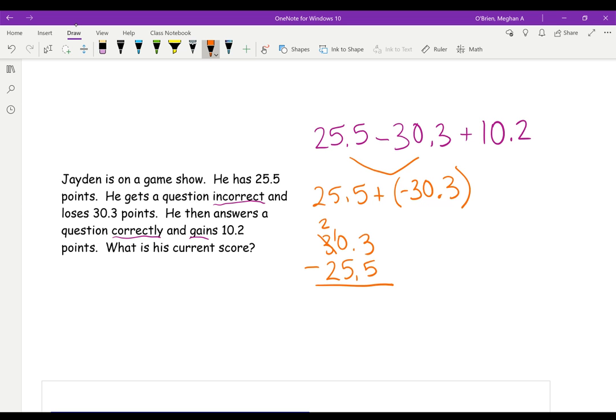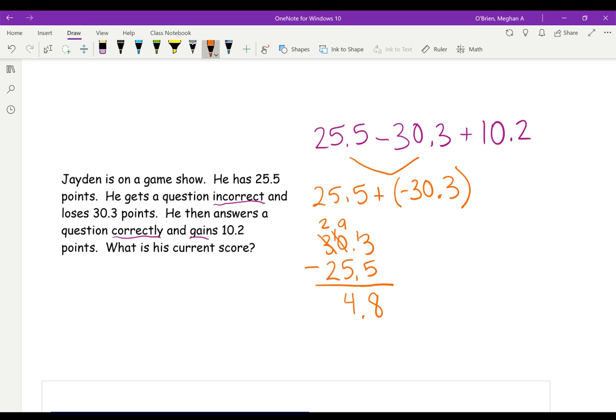So I'm going to trade out one of the ones, chop it into tiny pieces, and add to the tenths. So now I have 13 tenths. So here we go. 13 take away 5 is 8. And then 9 ones take away 5 ones is 4. And then I have no more tens. So 4 and 8 tenths.